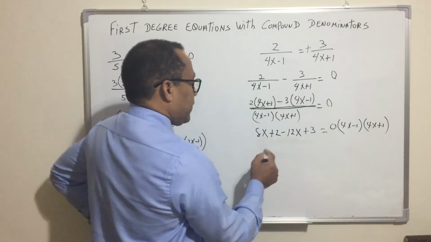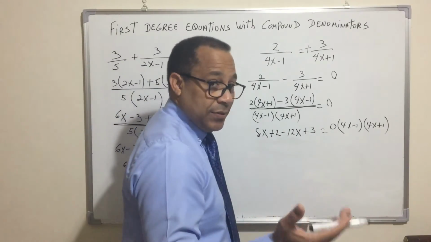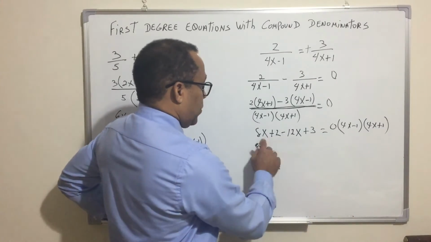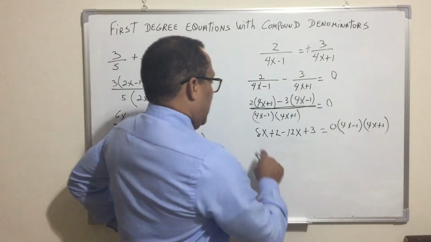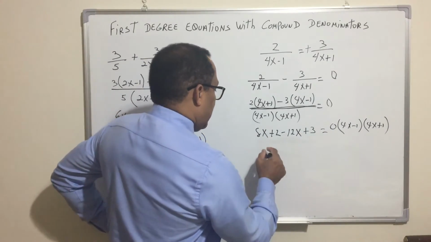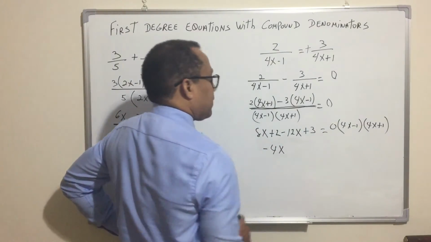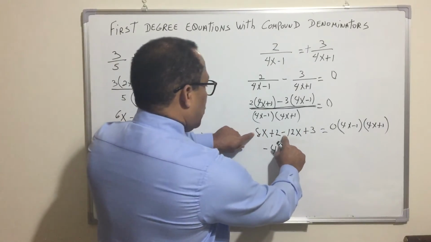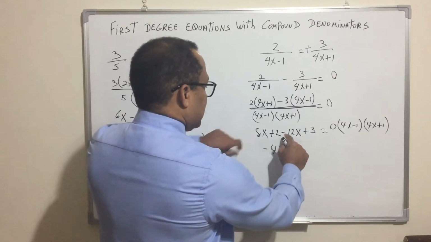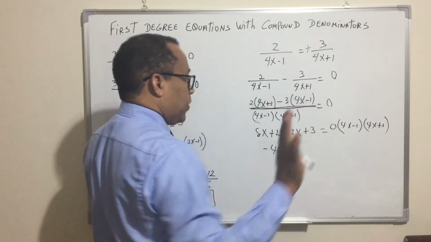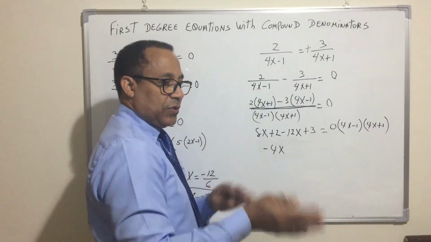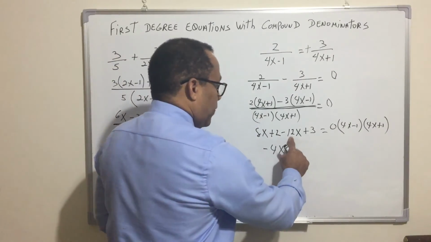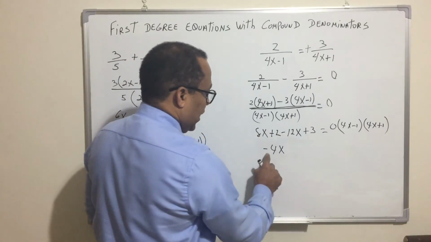I'm solving the like terms. If you remember the like terms, these two are the like terms because they have the same variable. 8x minus 12x equals negative 4x. The rules of signs says when the two numbers have different signs, negative and positive, you subtract the numbers. 12 minus 8 is 4, and you put the sign of the greatest. 12 is greater than 8, so the sign will be negative.